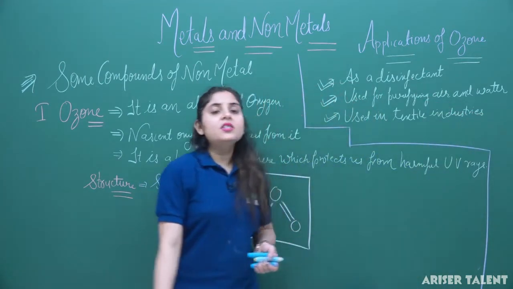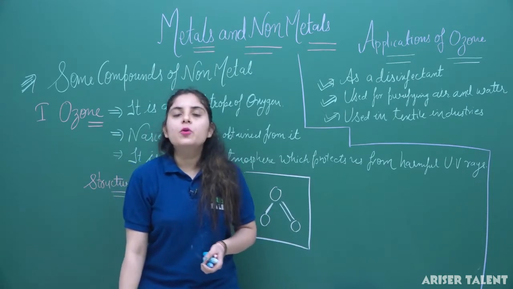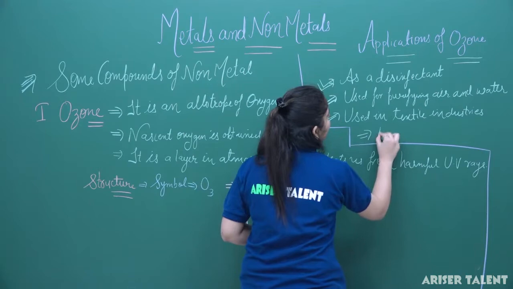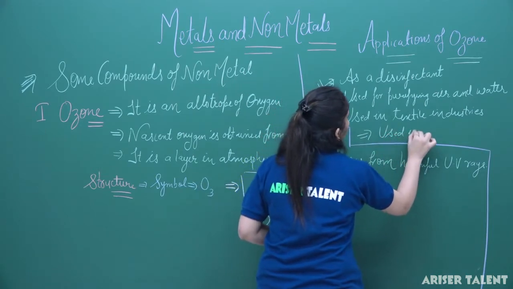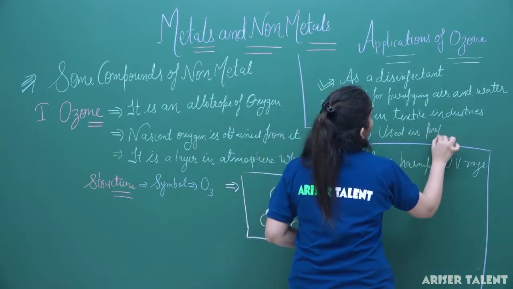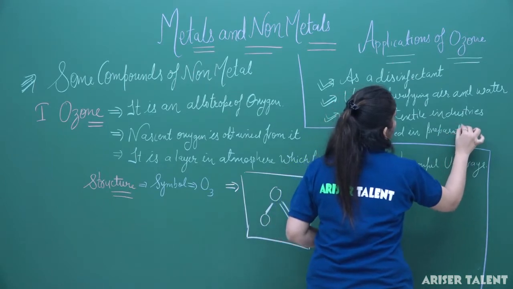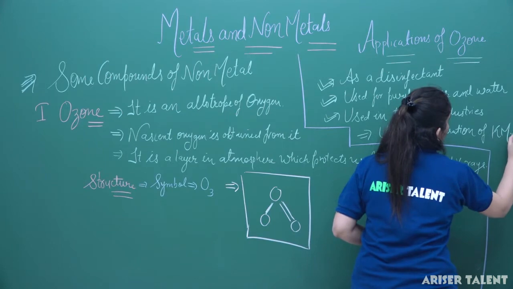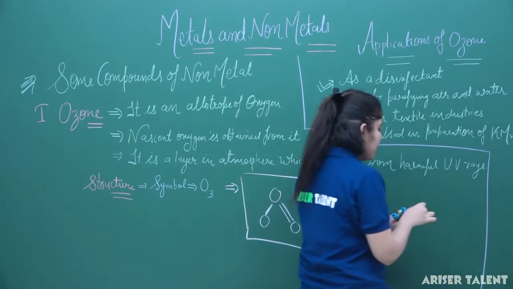and it is also used for the production of potassium permanganate, that is KMnO4. So its fourth application is in the preparation of KMnO4, that is potassium permanganate.